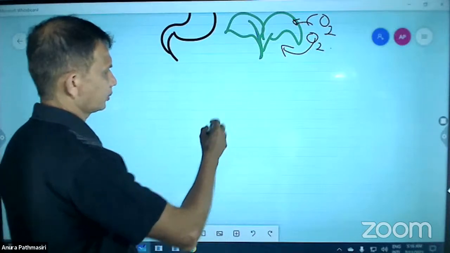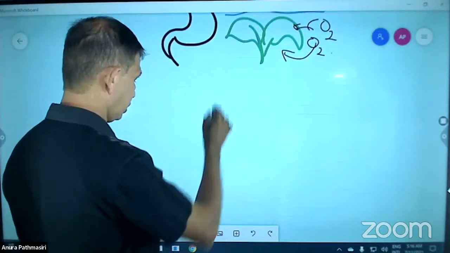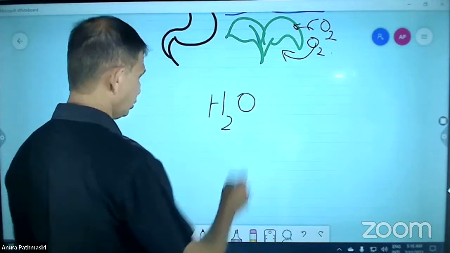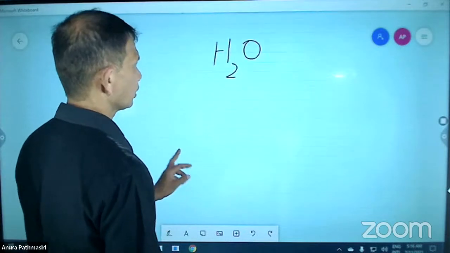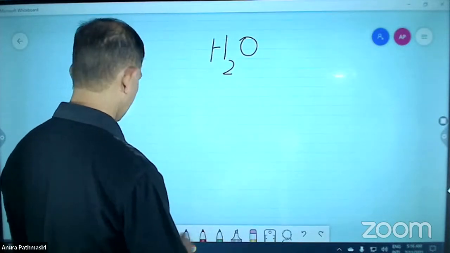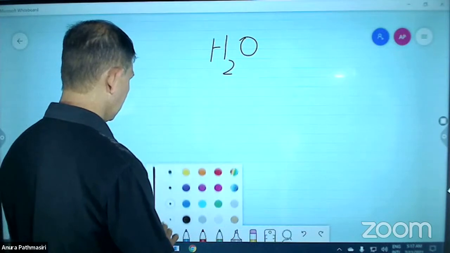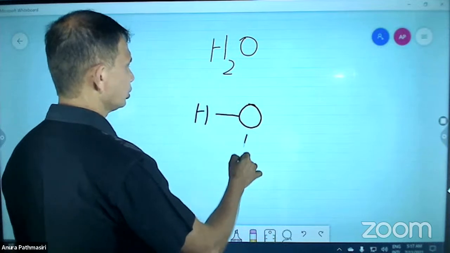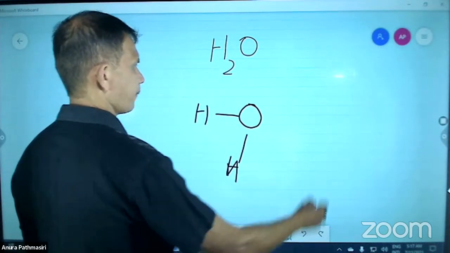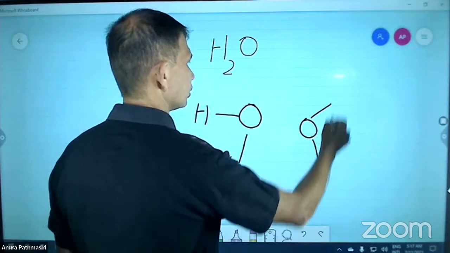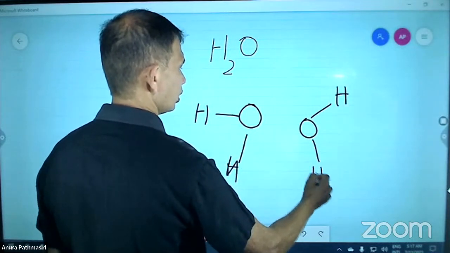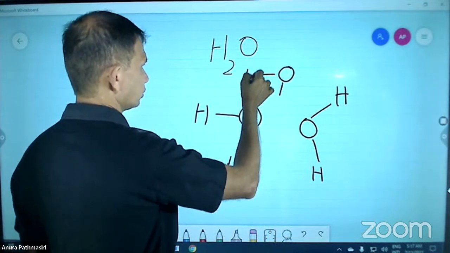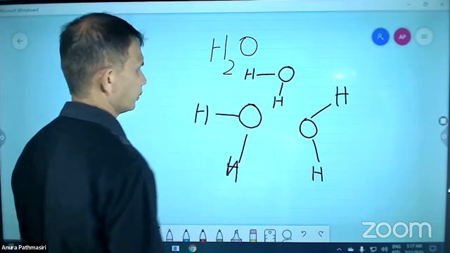It's something like this. The water molecule, H2O, when it is with the other water molecules, behaves like this: hydrogen, oxygen, hydrogen, oxygen.